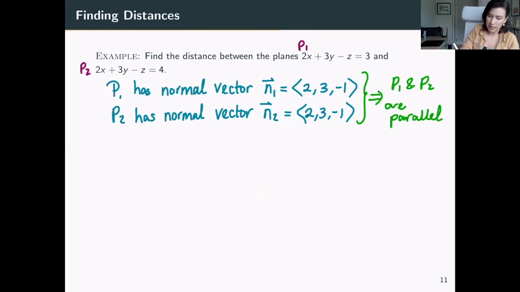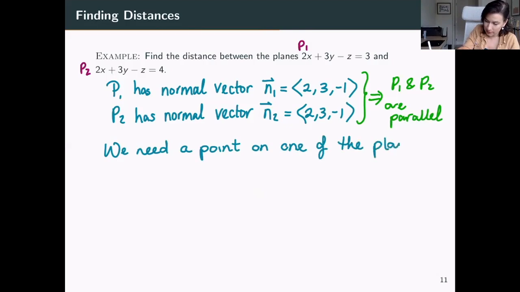So the question is that we need a point on one of the planes. It doesn't matter which plane we choose, as long as the point we choose is on a different plane than the plane that we measure to. To choose a point, let's start with our plane 1.